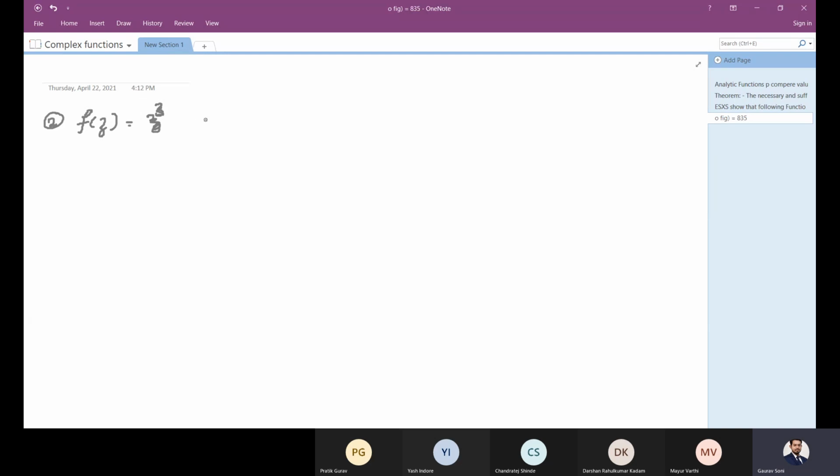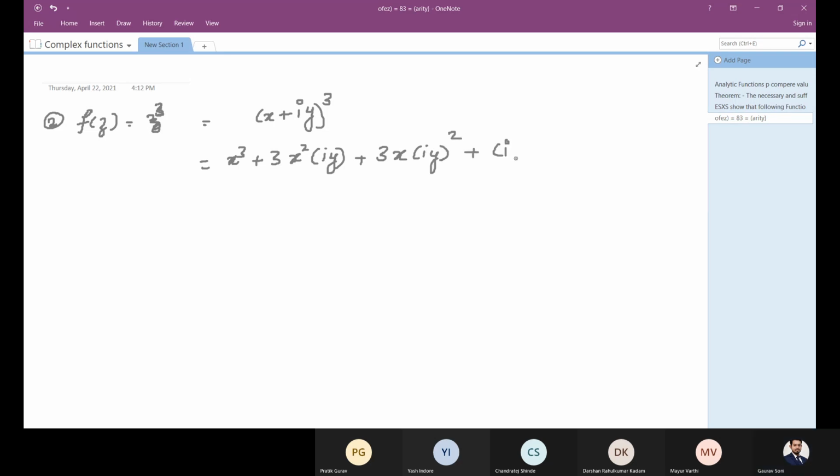Since I want to check it, I will write x plus iy raised to 3 and take the cube: x cube plus 3x square iy plus 3x iy square plus iy cube.